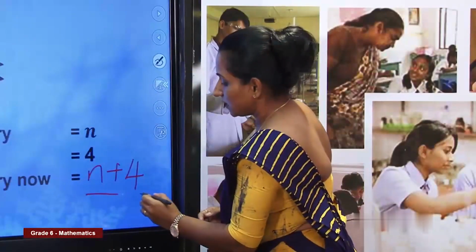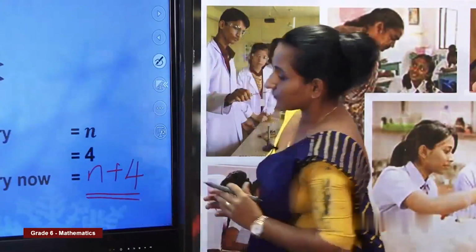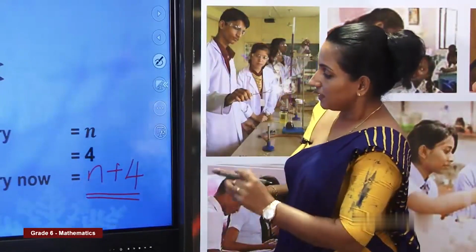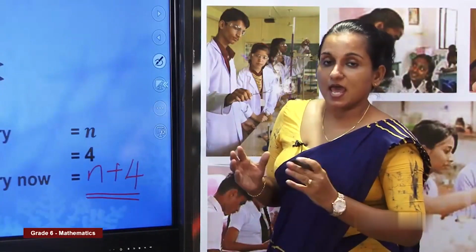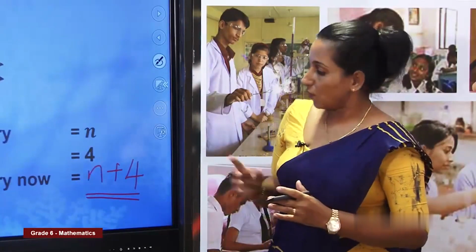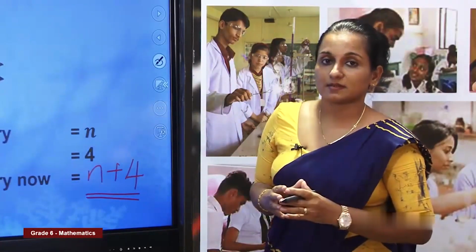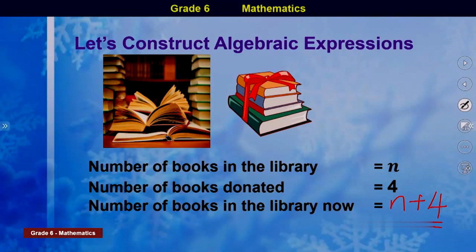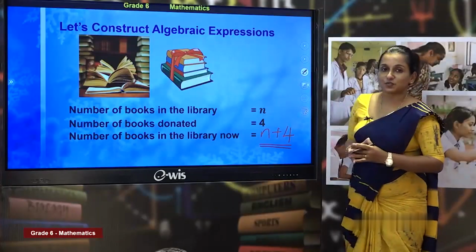Now, can you see, children, this expression has an algebraic symbol which is n, and it also has a mathematical operation, that is plus, and also it has a number 4. This is an algebraic expression.